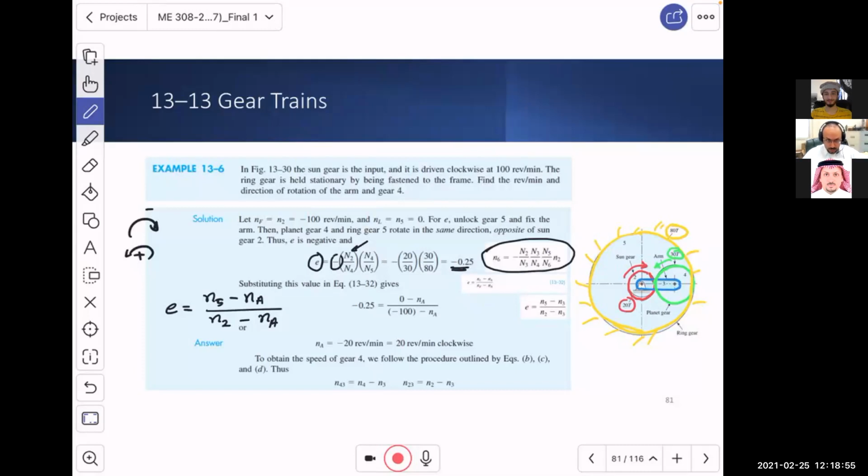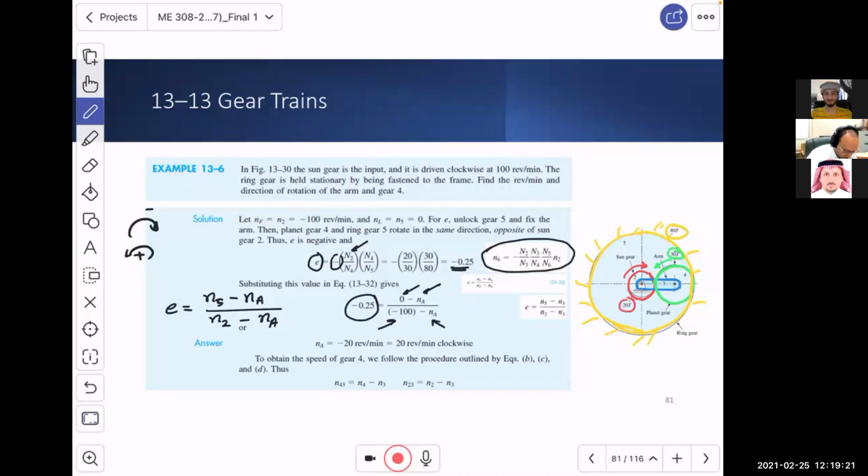Now, in here, what is happening is this. You will put the minus 0.25, right? And then you will have N5 equals 0 because it is fixed. NA for the arm divided by minus 100 because it is negative, and then minus NA.